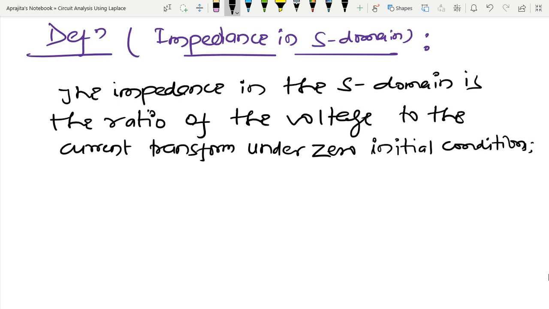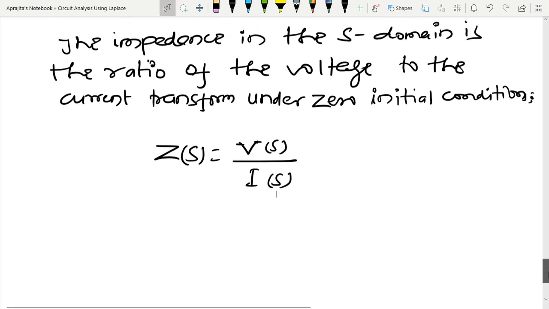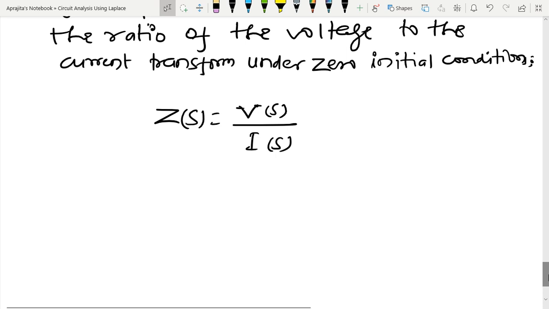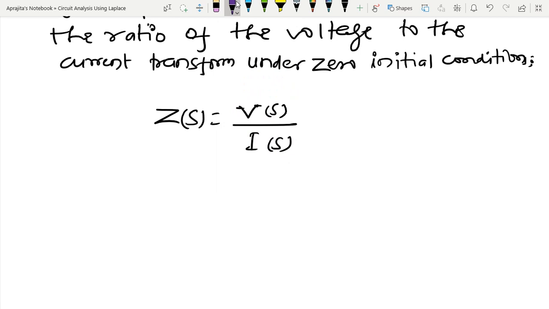So it means that I can define it again like this, where it is the Laplace transform of voltage by the Laplace transform of current. So now I can also define the impedance of individual elements.